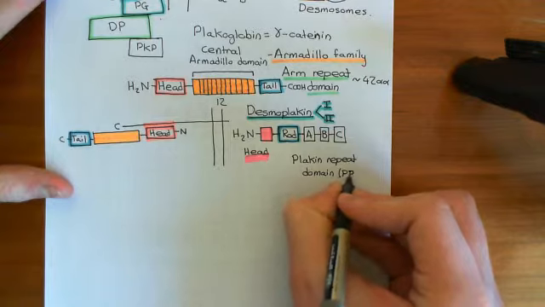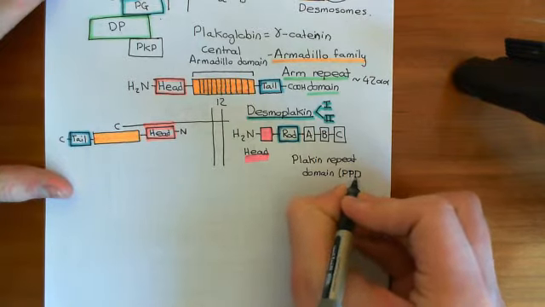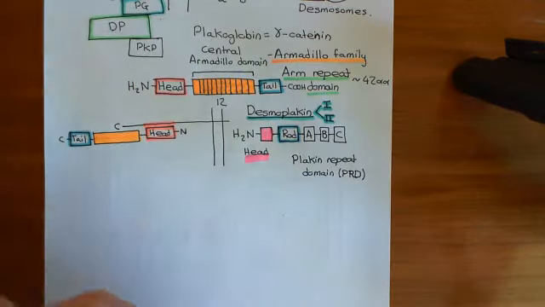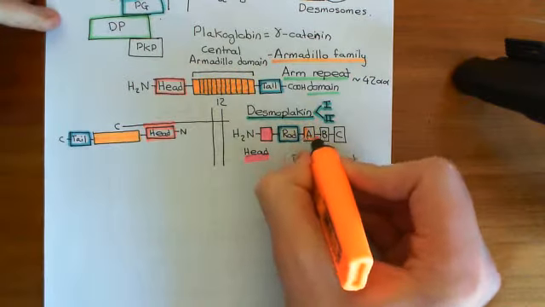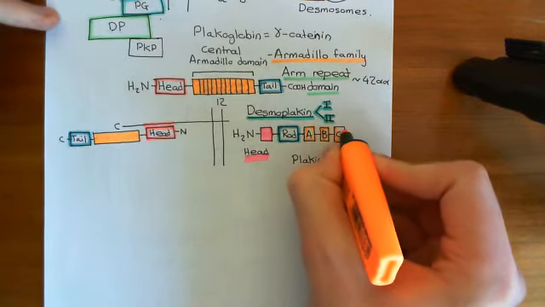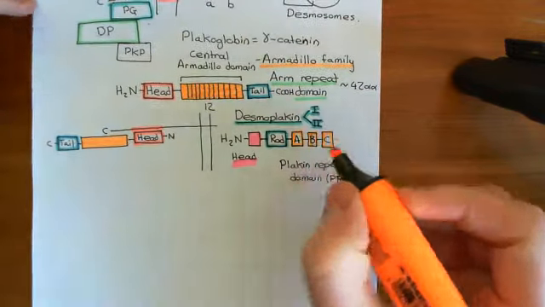So P for plakin, R for repeat, and then D for domain. I'll colour in the plakin repeat domain A in orange, the plakin repeat domain B in orange, and the plakin repeat domain C in orange as well.